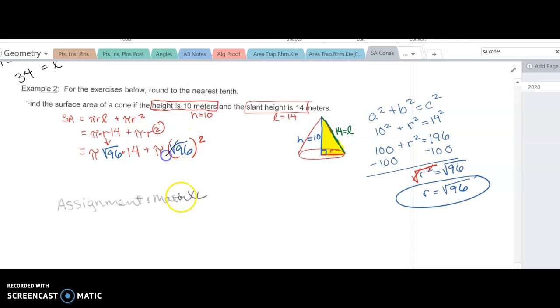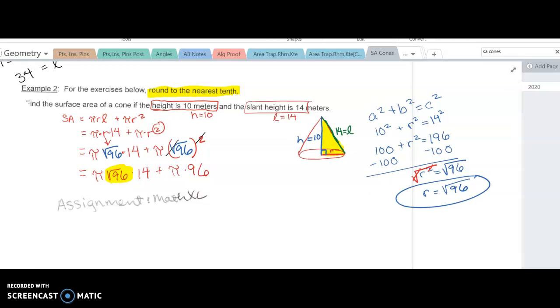And so they cancel each other out. And so what happens here is we really have pi times square root 96 times 14 plus plain old pi times 96. Now this one we are going to do to the nearest tenth. It would be pretty ugly to do in terms of pi with that square root 96.